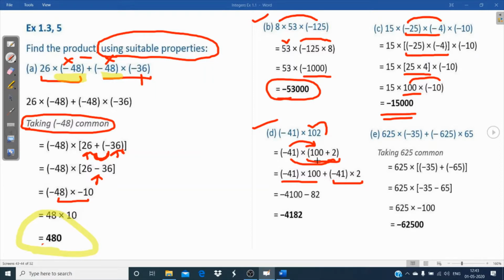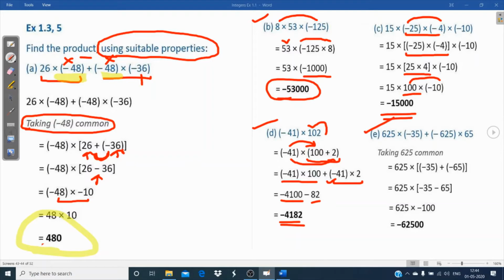Distributive property of multiplication over addition. Now when we multiply these first two terms, minus 41 into 100, what will you get? Minus 4100. Now plus minus, which sign? Minus 41 into 2, 82. Then later minus minus, you have to do addition, then the sign will be minus.